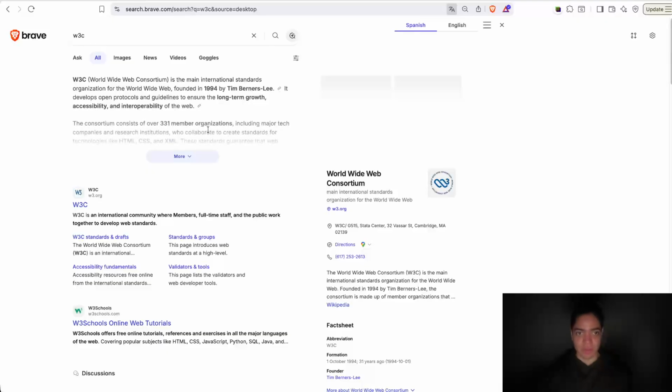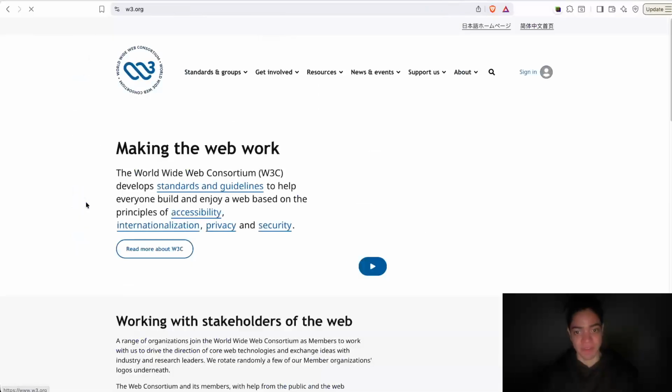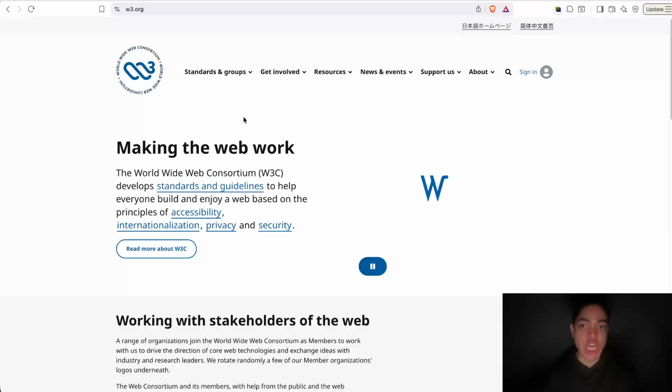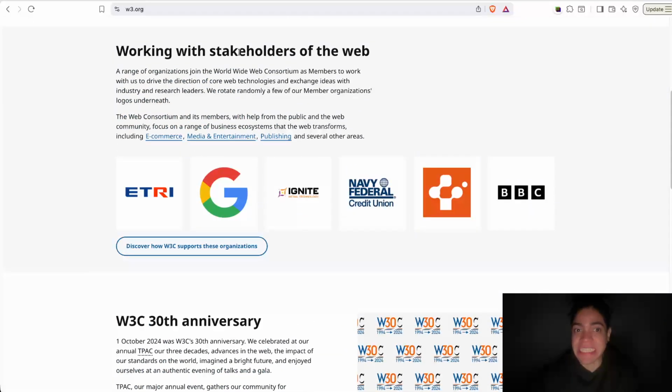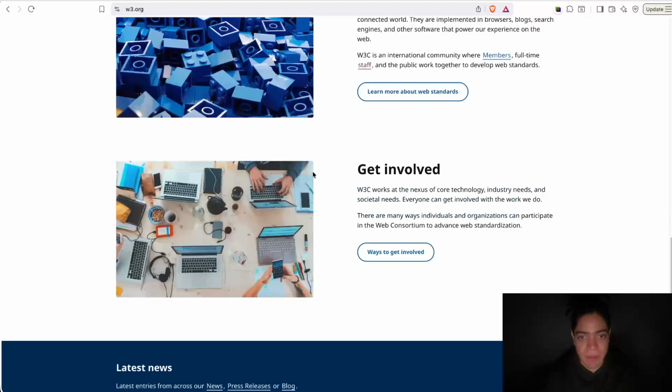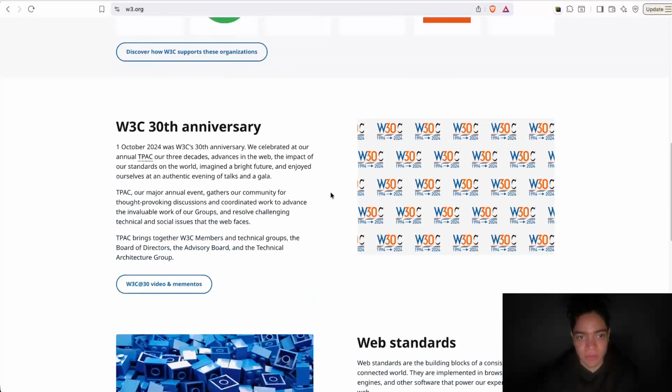The W3C consortium actually now oversees, for example, in combination with the WHATWG, as you can see, working with stakeholders of the web. So they now get into these web standards.